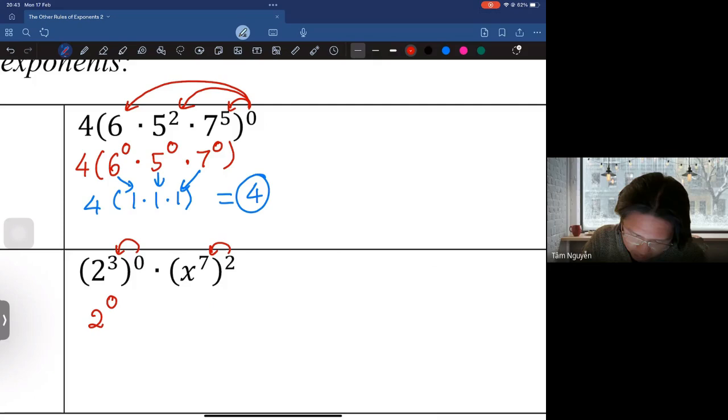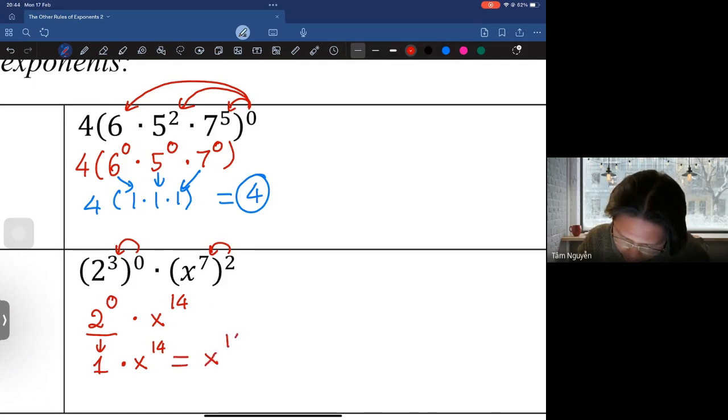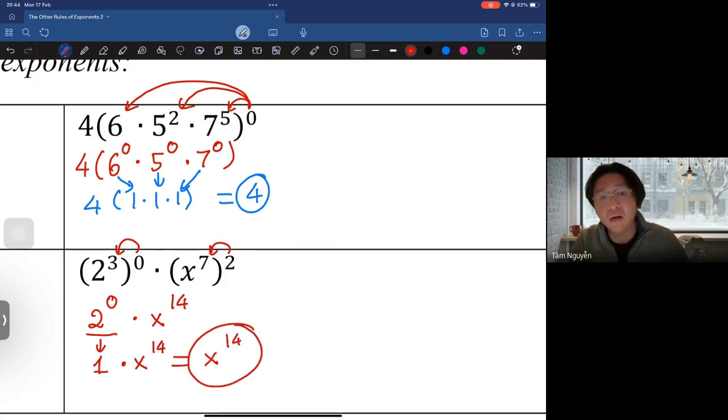So I'm going to have 2 to the power of 0 times x to the power of 14. And what do I have? 2 to the power of 0 turns to 1, and x to the power of 14 remains the same. So my final answer is going to be x to the power of 14.